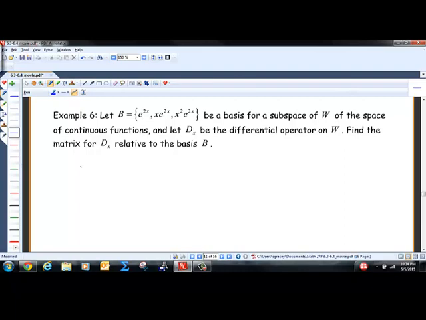First of all, what you have here is, if you look at the first one, this is like e to the 2x plus 0x e to the 2x plus 0x squared e to the 2x, right, for our first one.